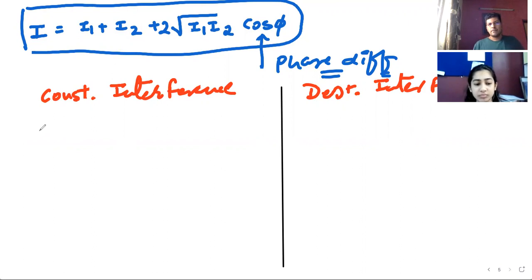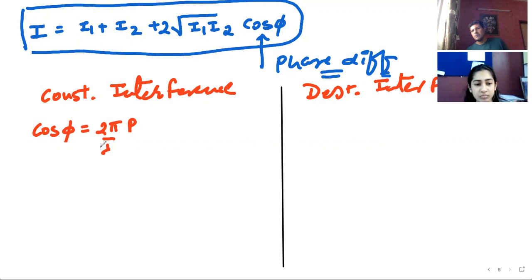This cos phi, instead of that, if I am putting 2 pi by lambda into p, where p, in the later part we will say, it is actually a phase difference. P for path difference.